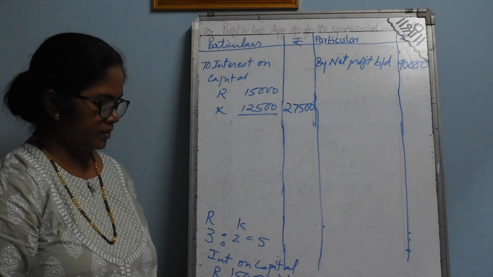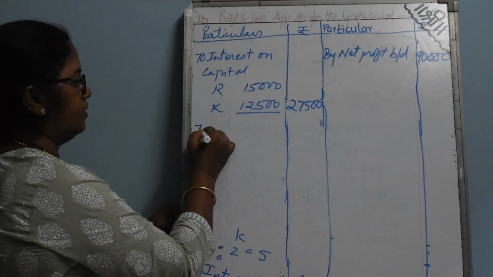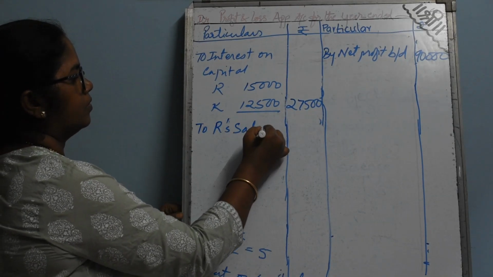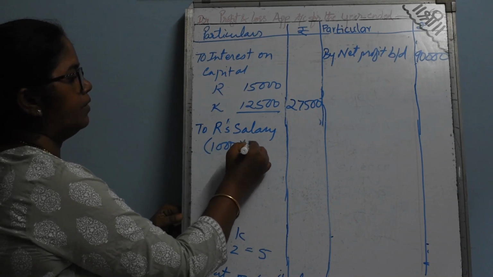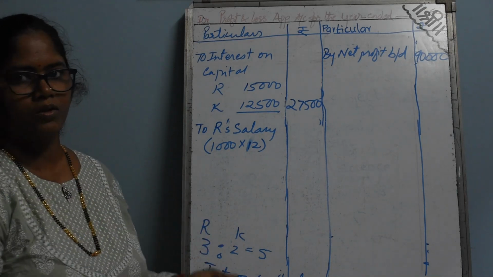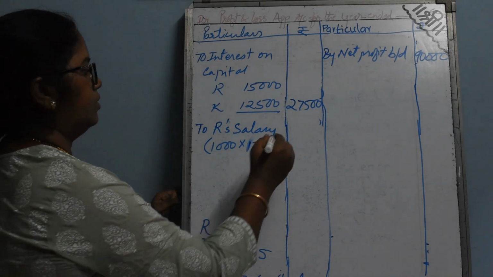Then B, R is entitled to a salary. So salary also comes on the debit side. To R's salary, I will write here only 1,000 multiplied by 12, because in the problem it is given per month. We have to calculate for the full year.